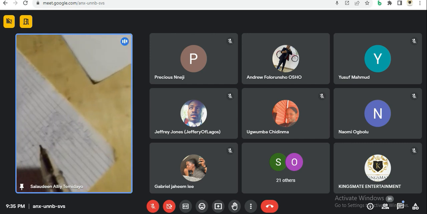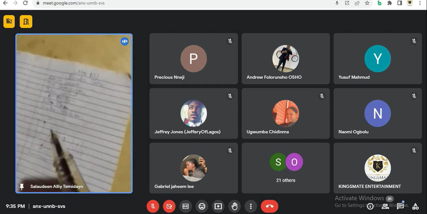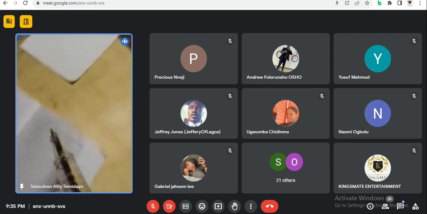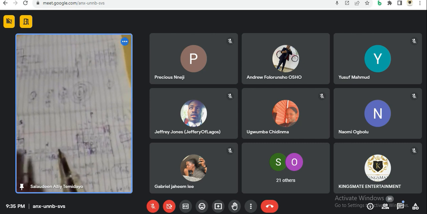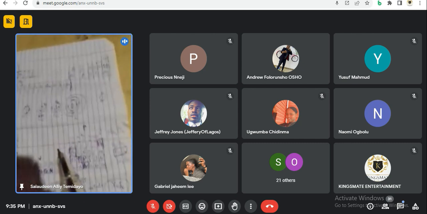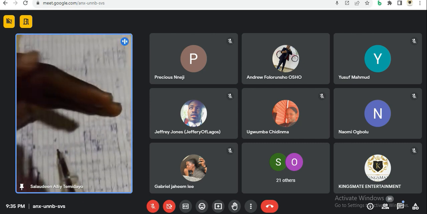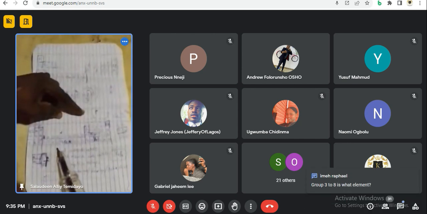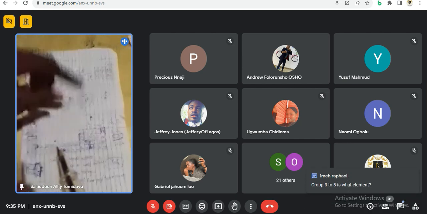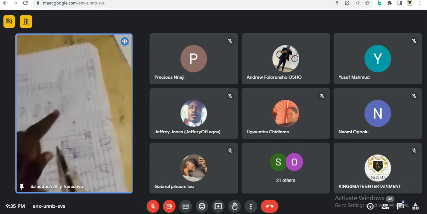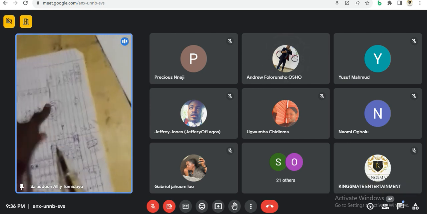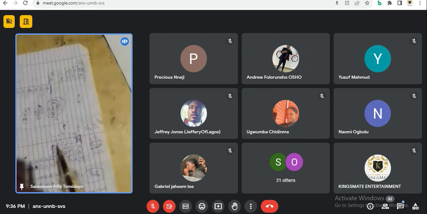So we mentioned the scientists and their contributions. Everything is in the video here. We talked about the elements in the periodic table and we talked about Dmitry Mendeleev's work. Groups 3 to 8, we've been calling them the family of the first member. Group 3 is the boron family. Group 4 is the carbon family. Group 5 is the nitrogen family.